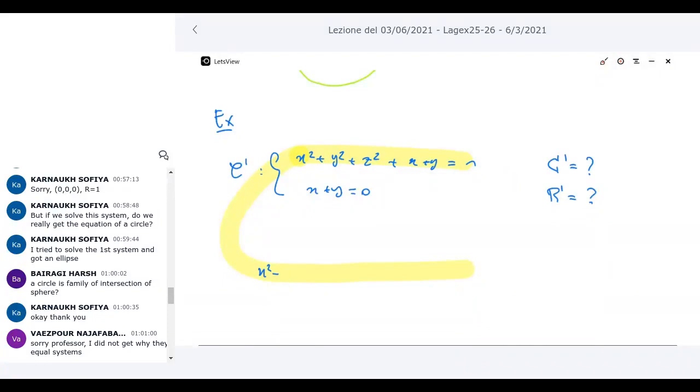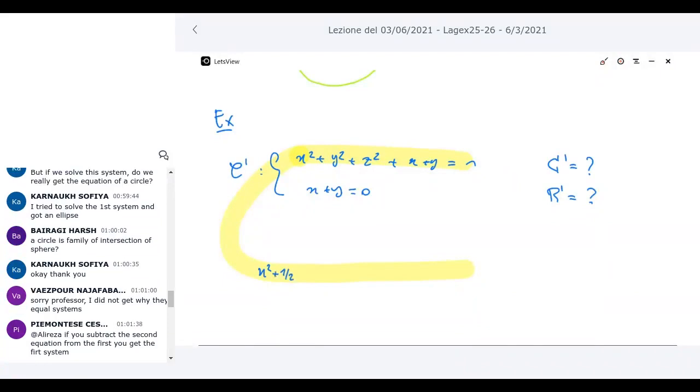So here we have something like x plus 1 over 2 squared, and I have to take away 1 over 4, right? And this will produce x squared and x. Then I have y plus 1 over 2 squared minus 1 over 4, and this will produce y squared and y. Then I will have z squared, and then it is equal to 1.